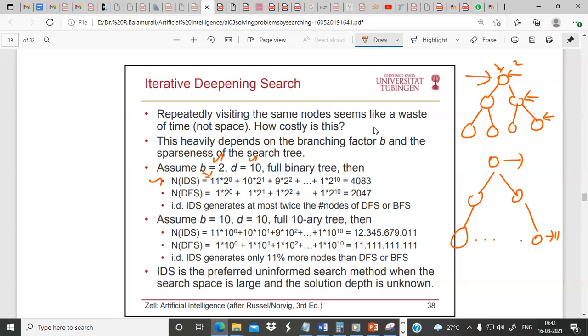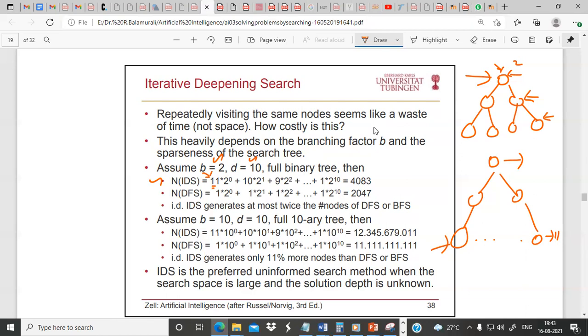The nodes at the last level will be explored only once. So it is 11 into 2 to the power 0, because these nodes will be explored only once. We are not going to explore them more than once.